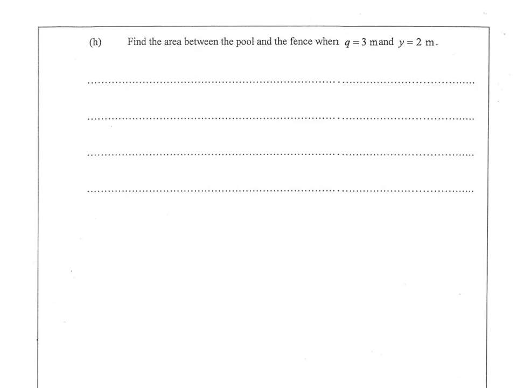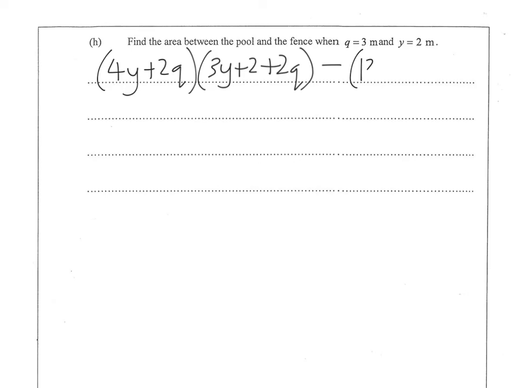So find the area between the pool and the fence. So we don't expand, we're just going to use our previous answer, which was 4y plus 2q times (3y plus 2 plus 2q), that's the area of the pool fence, take away 12y squared plus 8y, which is the area of the pool.